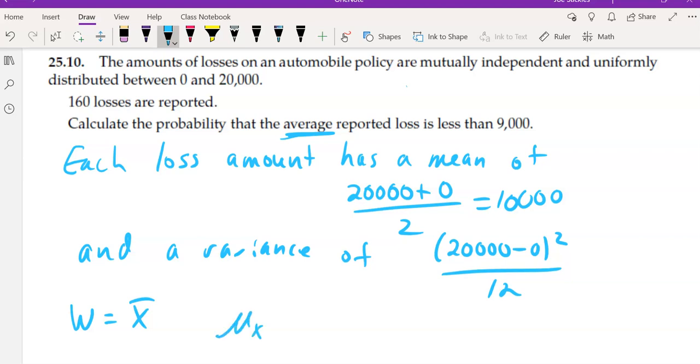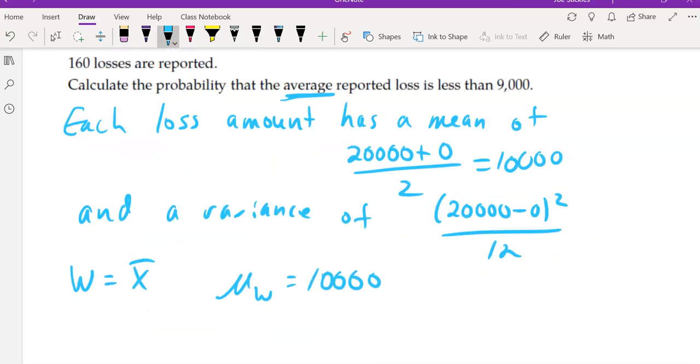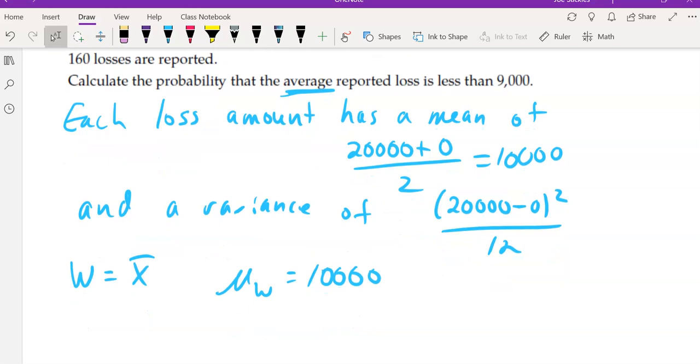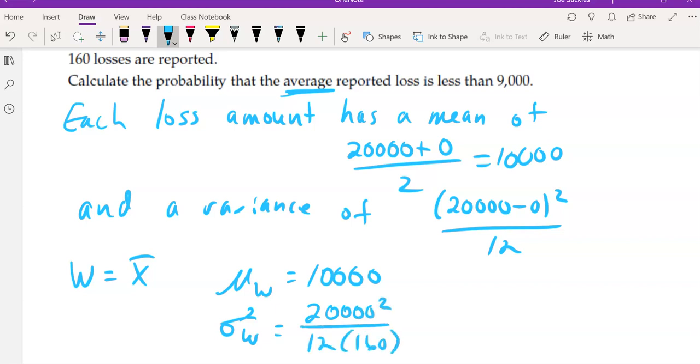So the mean of W is 10,000, right? Oh yeah, because those canceled. The sigma squared of W is sigma squared over N, so it's 20,000 squared over 12 times 160, which is not a pretty number, so we're going to leave it that way.